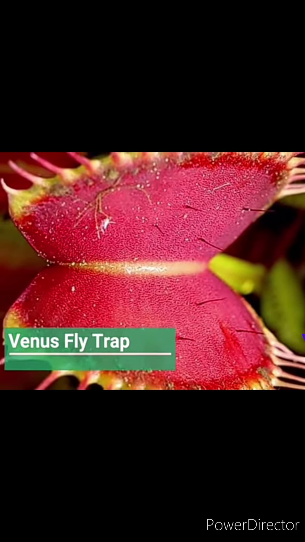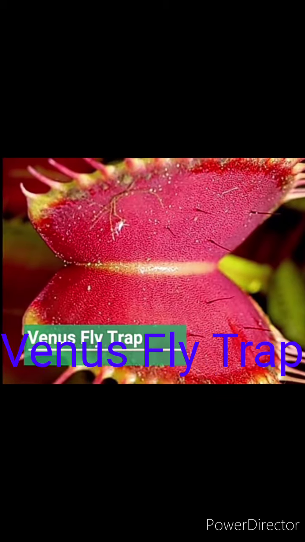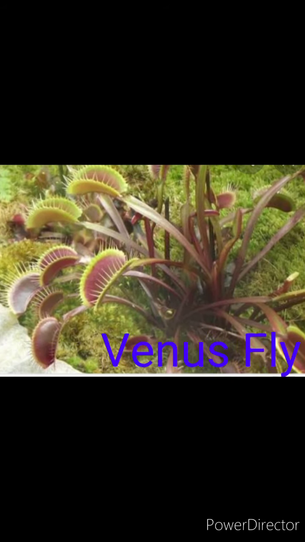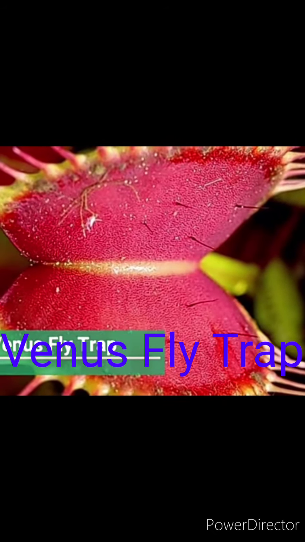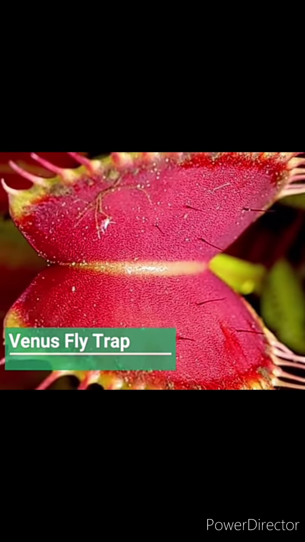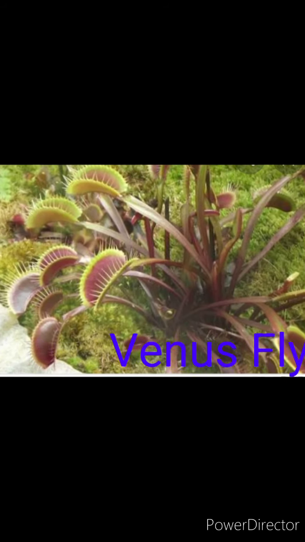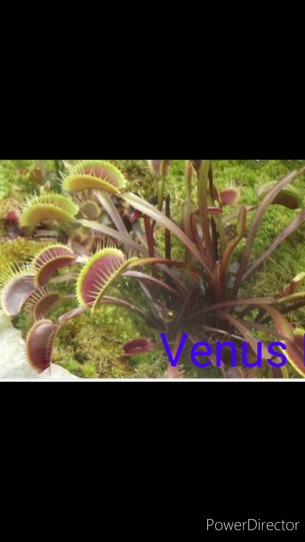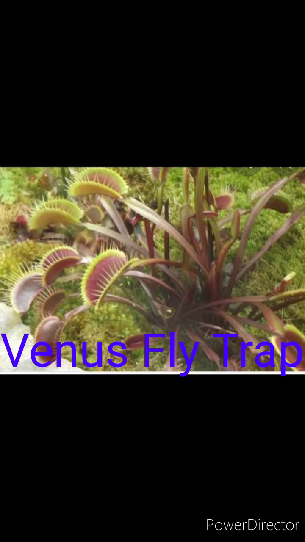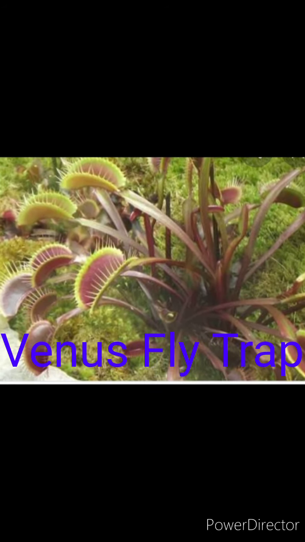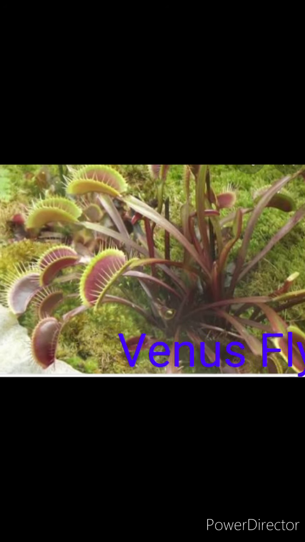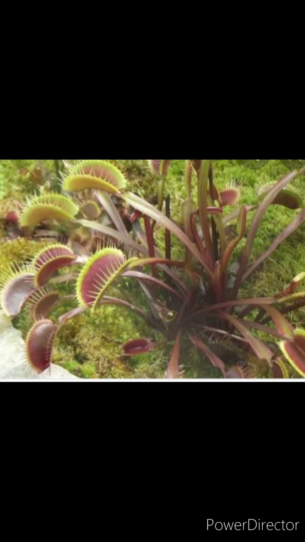As the insect touches the hair-like sensitive part, the leaves close, and the structure of the leaves is made in such a way that after several tries the insect cannot come out, and after digesting it, the mouth of the leaves will open again. So in this way Venus flytrap gets its nutrition from the insects.